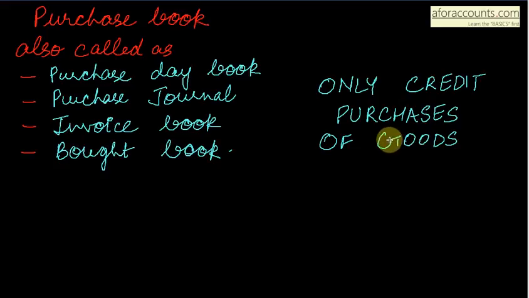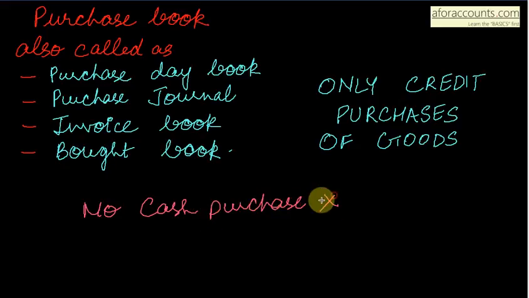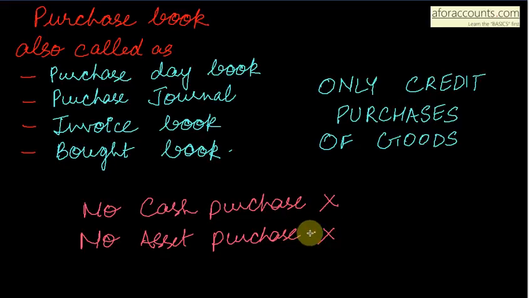So no cash purchase is recorded and no purchase of assets is recorded in your purchase book. So write here, no cash purchase recorded here. No asset purchase. If an asset is purchased in credit, please don't record it in the purchase book. Okay? That is for your journal proper.